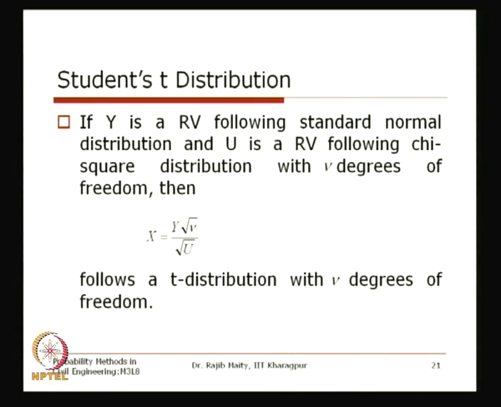The next important distribution is the student T distribution.